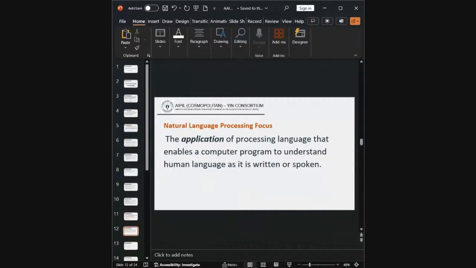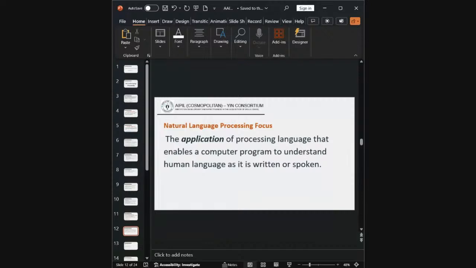While one is focusing on text mining, information extraction and machine translation, that's talking about computational linguistics, the other one is concerned about the application.